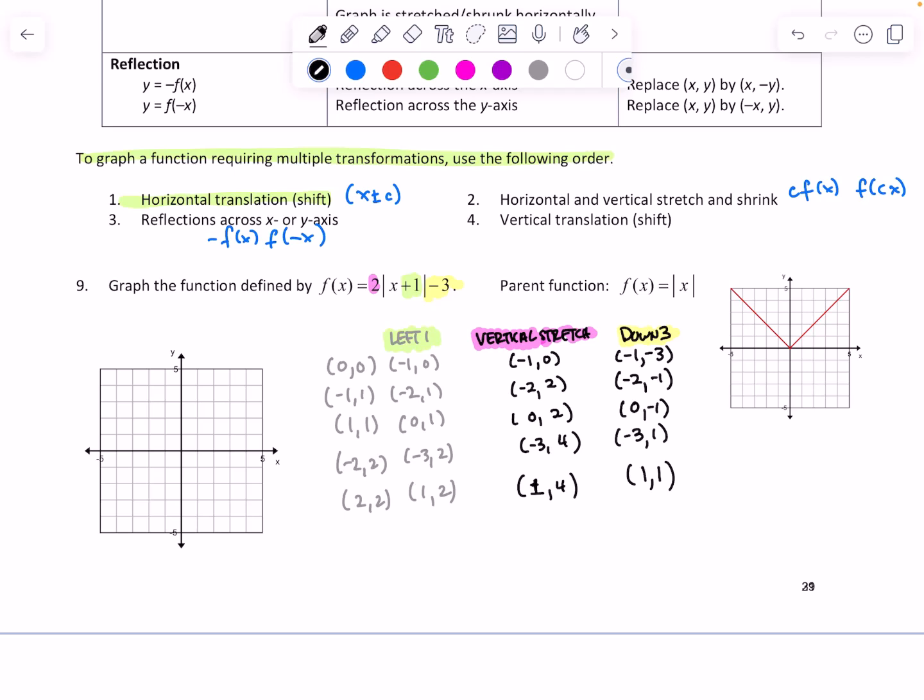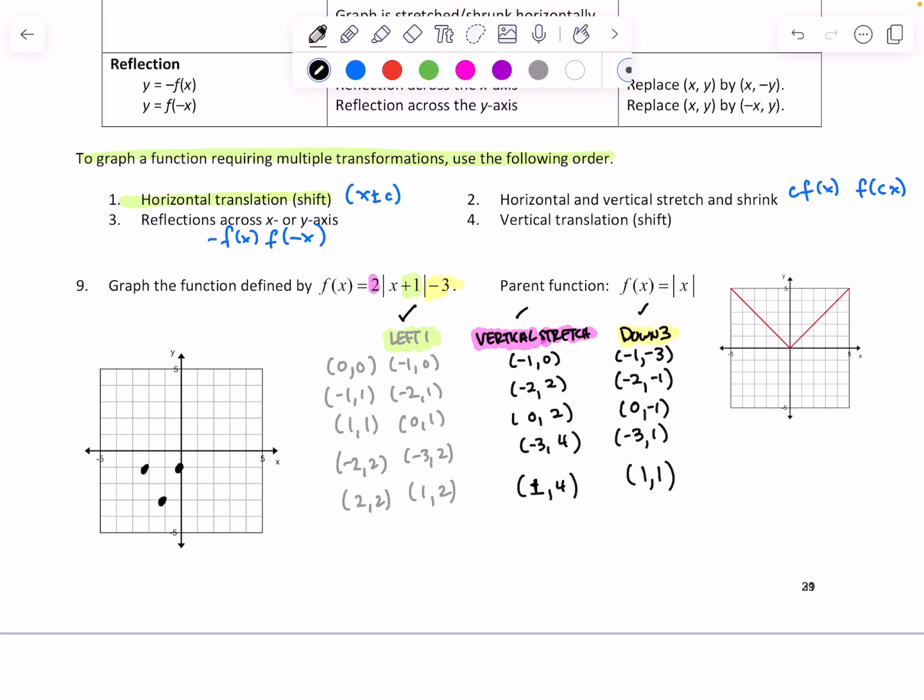Okay, so what we should see when we graph this is a graph that is a little bit to the left, is vertically stretched, so taller or skinnier. That's the second thing we'll see in our graph. And then we're going to check to see that it's also been moved down when we graph these points. So we've got negative 1, negative 3, that's right here. Negative 2, negative 1. 0, negative 1.